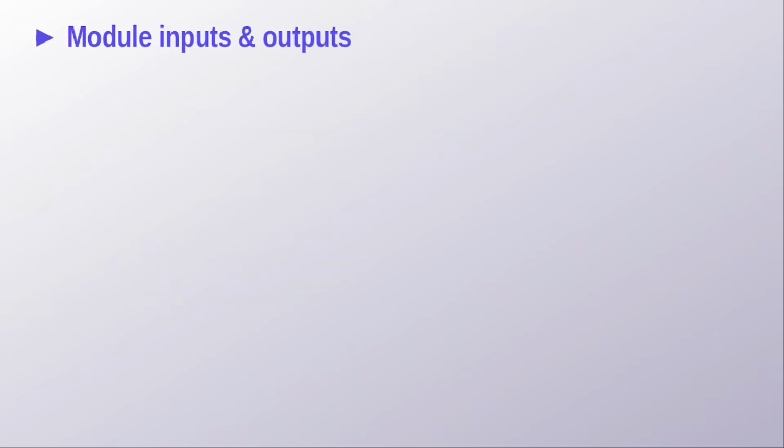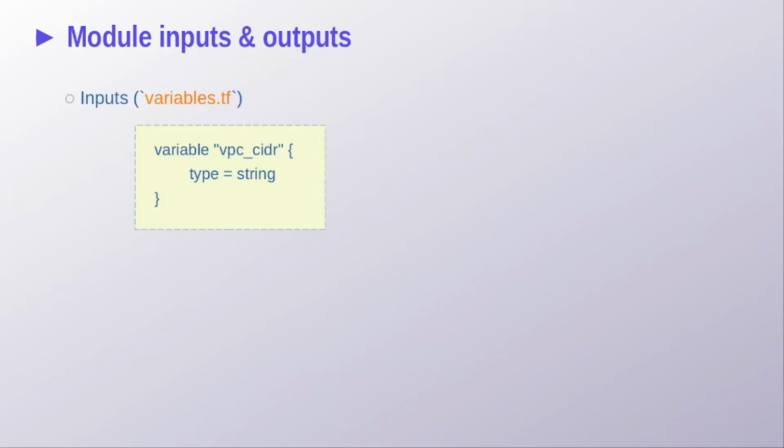Module input and output. Now let's talk about how modules communicate. Inputs allow you to pass values into a module. For example, this means the module does not decide the CIDR, the environment decides.